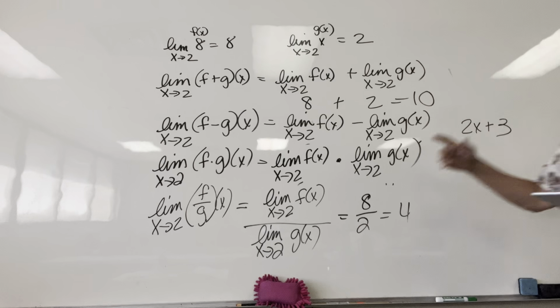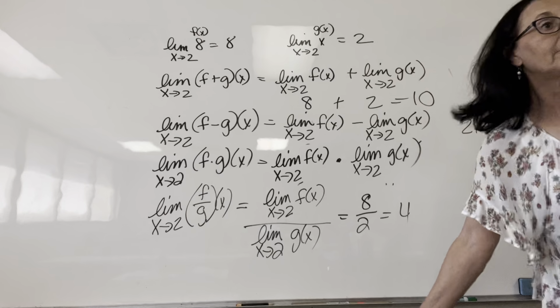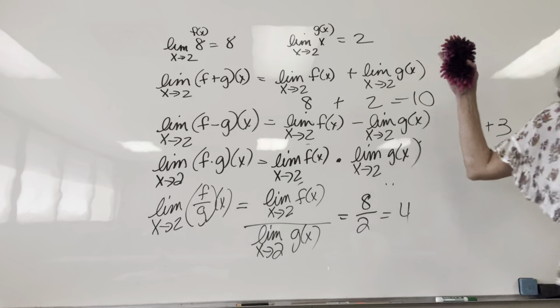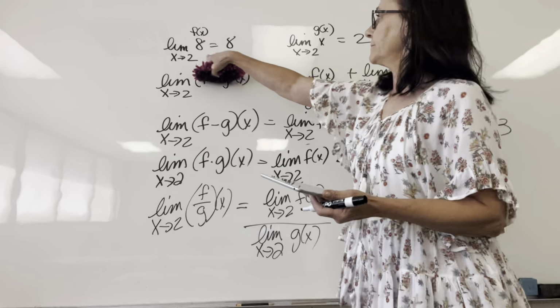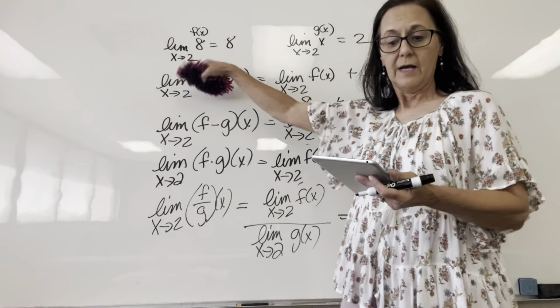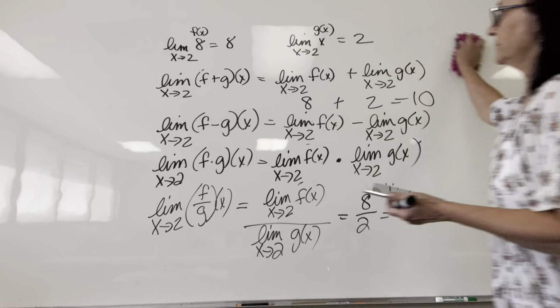Okay, we're not going to do this. We're going to do example 1. It's harder. Okay, but we're going to use these properties and these two concepts to find the limits of these polynomial functions.